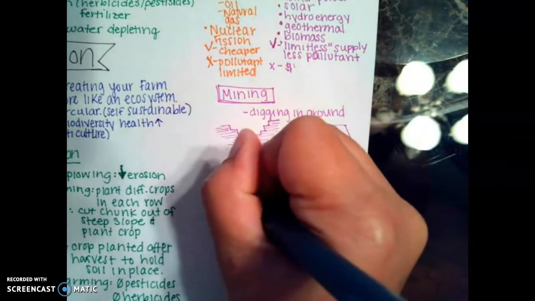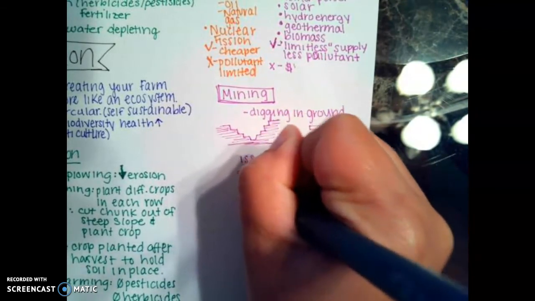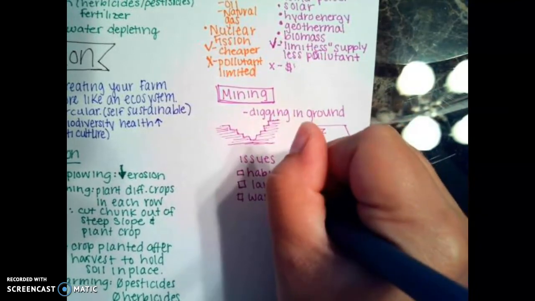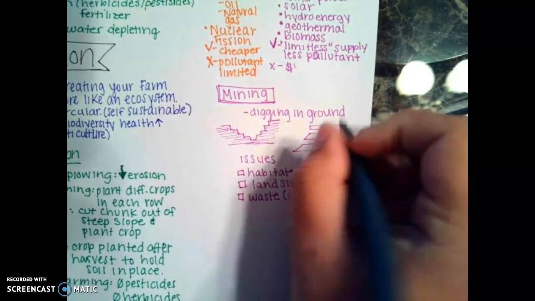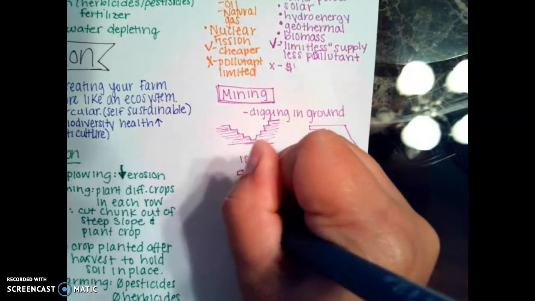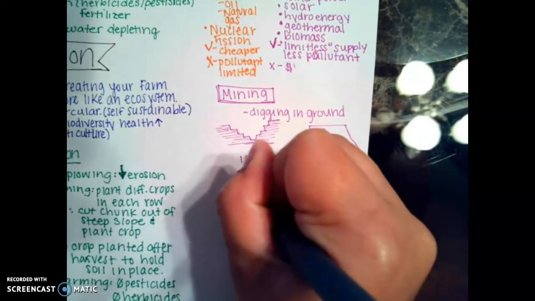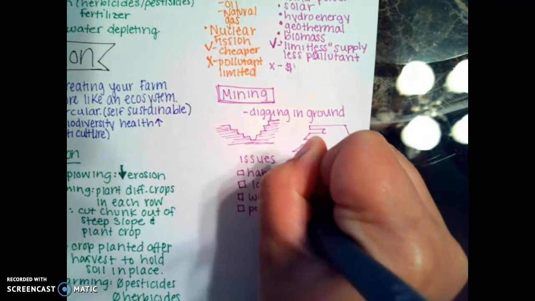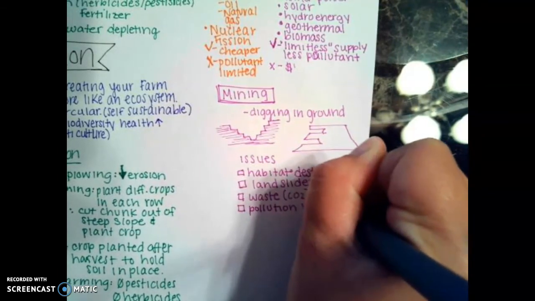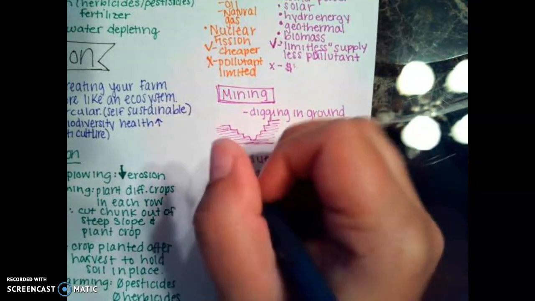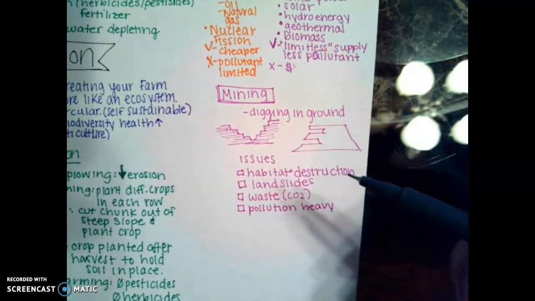It can leave a lot of waste, in terms of like actual trash found in here, or the carbon dioxide that's used to make the machines go that dig that hole. They're pollution heavy usually. And it just generally disrupts the surface of the earth.